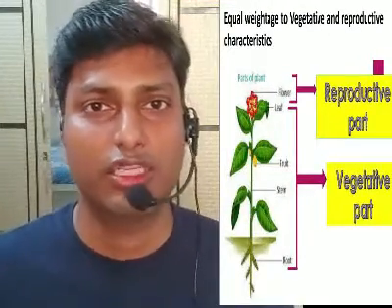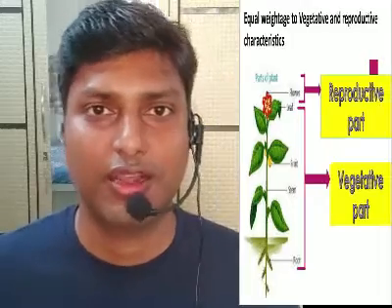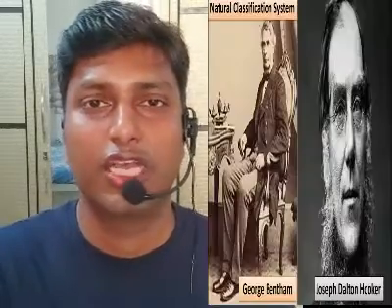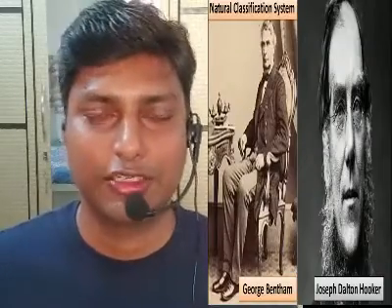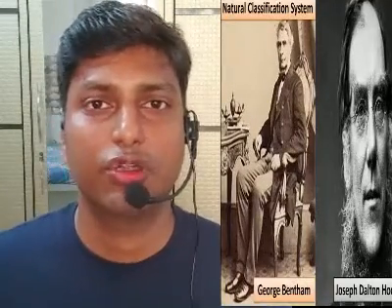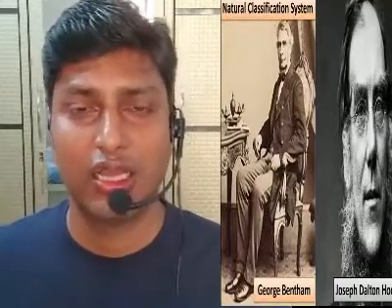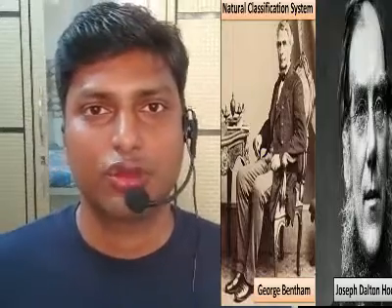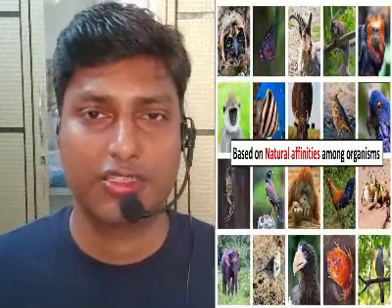After this, there were two other scientists who made another attempt at classification. Their names were George Bentham and Joseph Dalton Hooker. The classification system made by them is very famously called the natural system of classification. George Bentham and Joseph Dalton Hooker considered the natural affinities during classification of organisms.